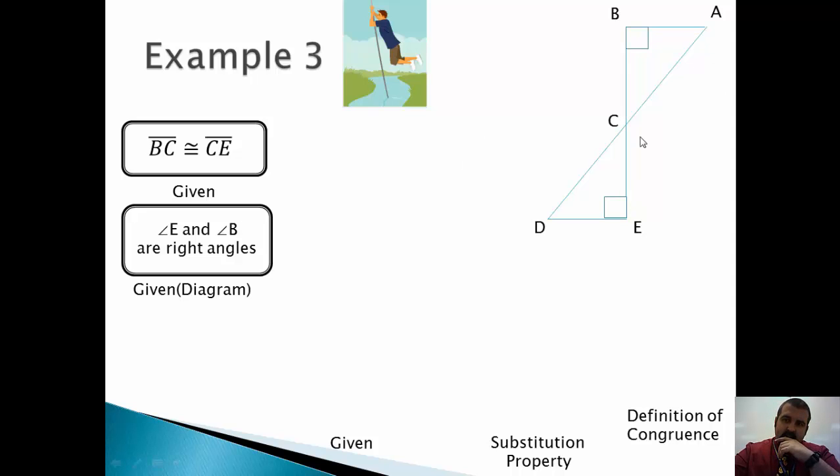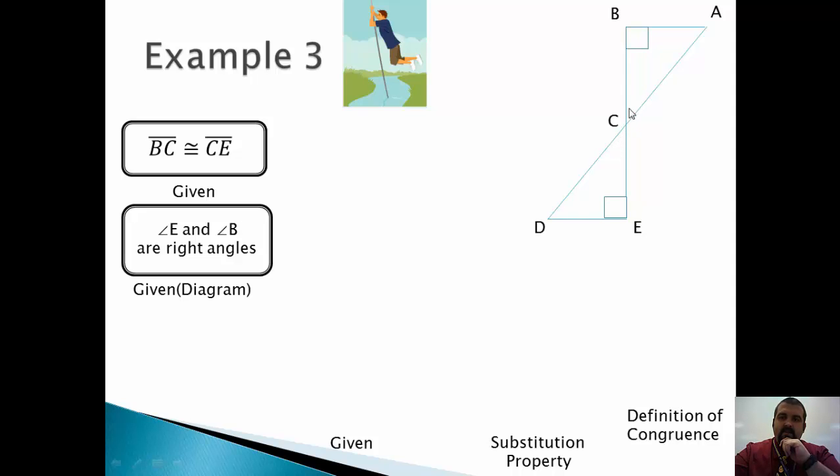If I look at angle A and D, I don't know if these would be somehow congruent. The only way I could tell you is if I had 2 things being parallel, like segment AB and segment DE. If they were parallel, I could say something about angle A and angle D, but I can't. However, what about this angle, BCA right here, and angle DCE, this angle right here?